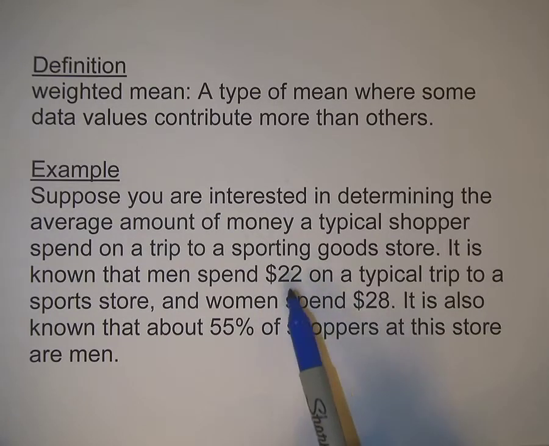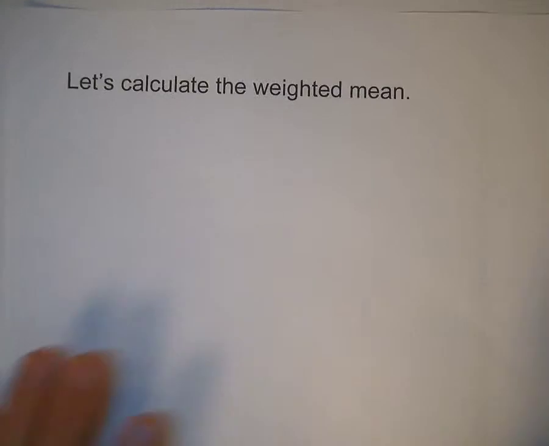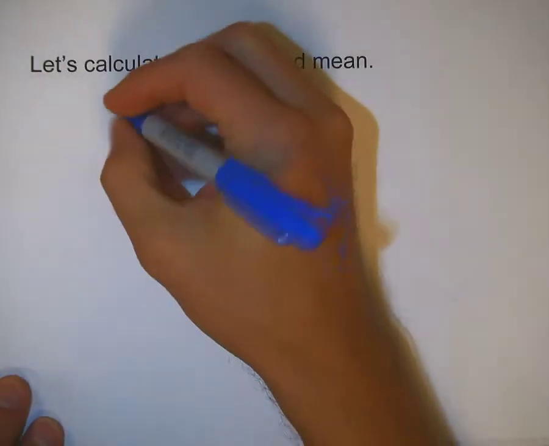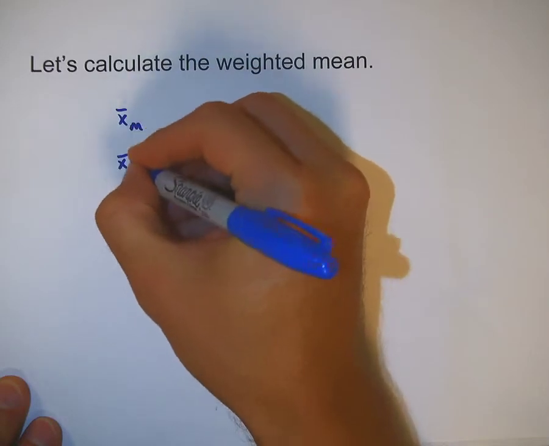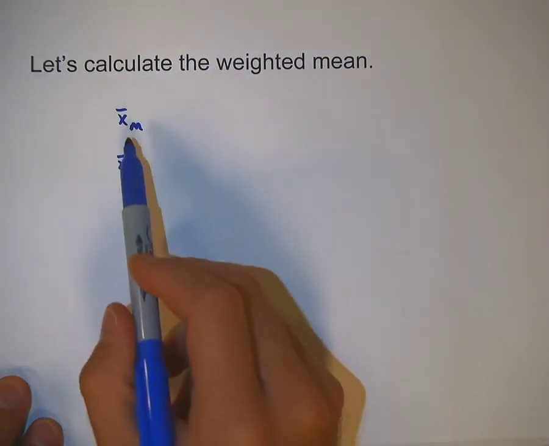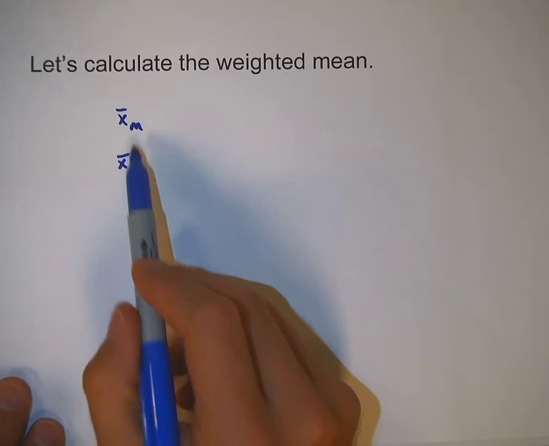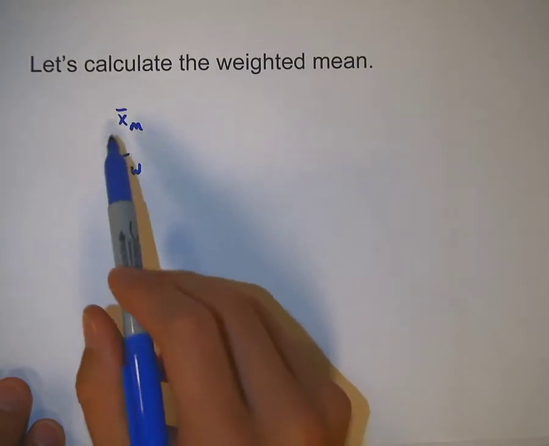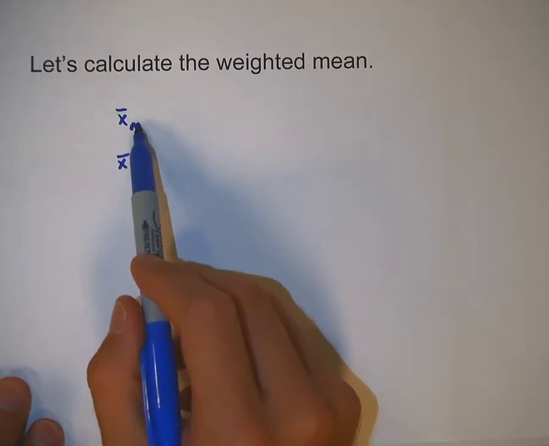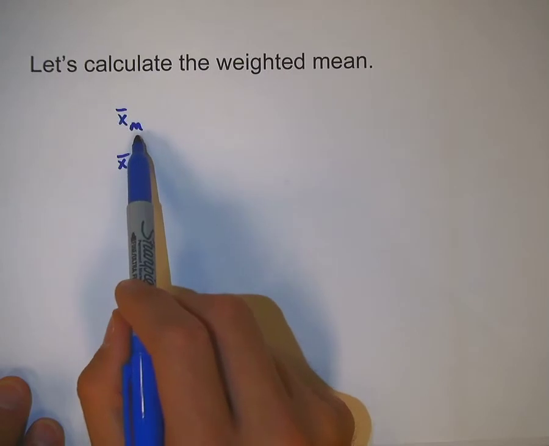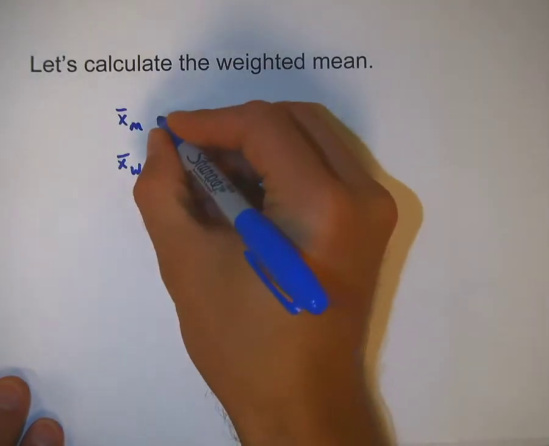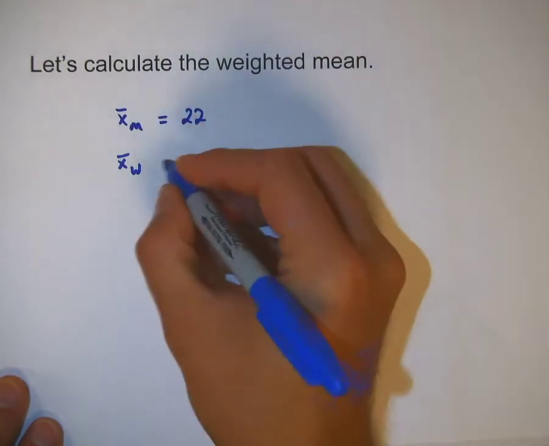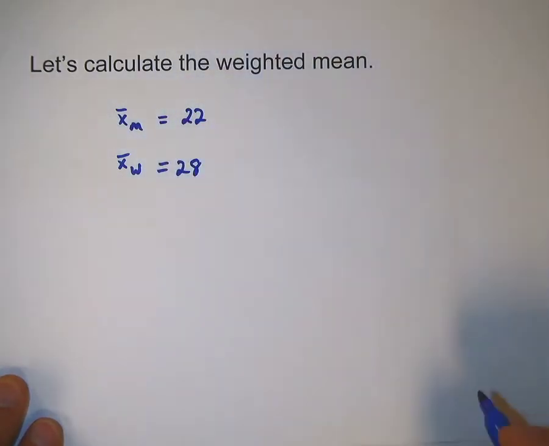The way we're going to do that, let's start by notating our two means. A lot of times I'll use subscripts to denote between the men's and women's means. So this is x bar sub m and x bar sub w. The mean for men was $22, the mean for women was $28.